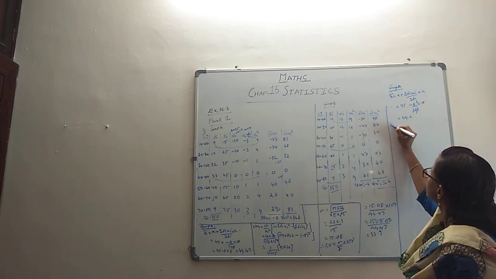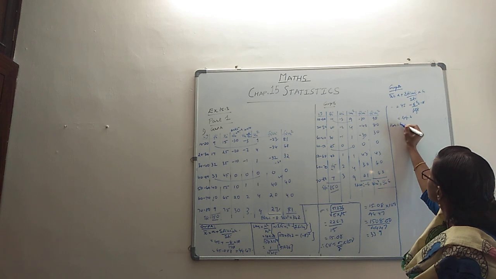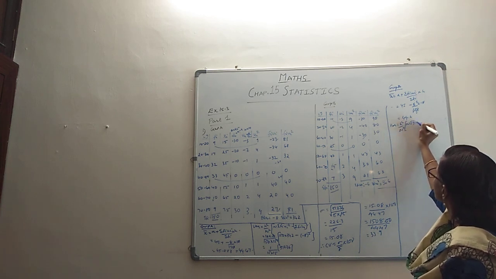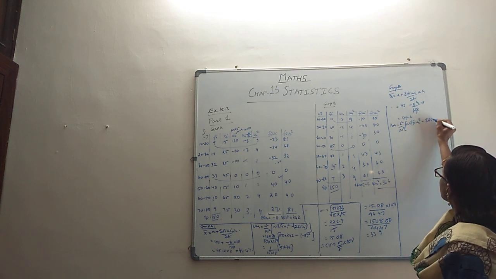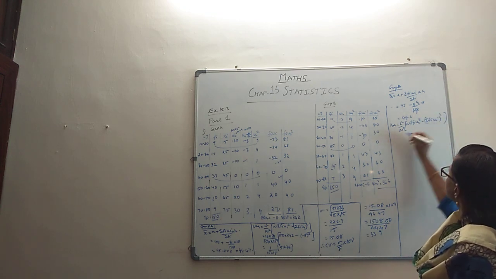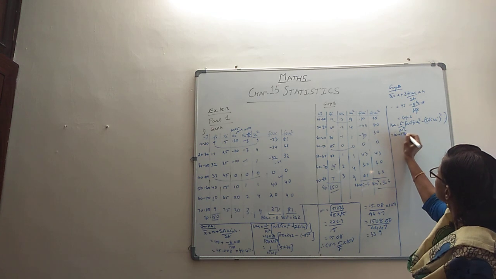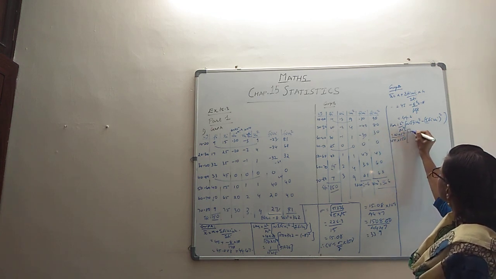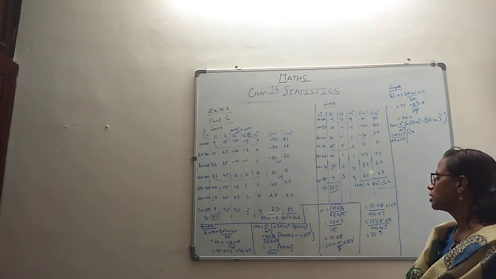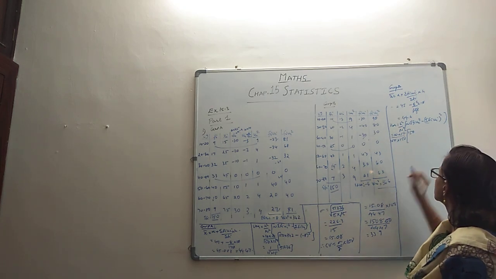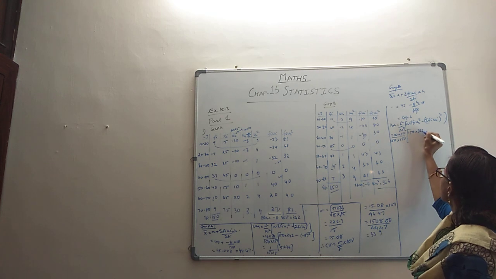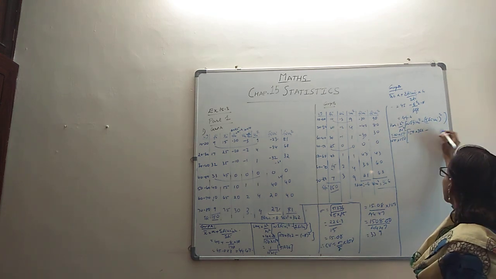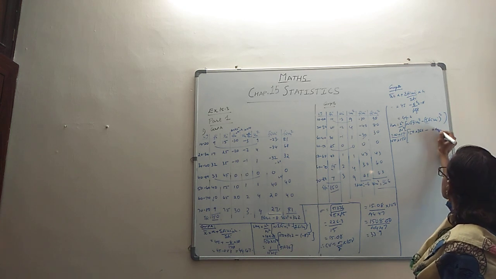Then the variance, sigma squared equals h squared by n squared times n times summation Fiui squared minus summation Fiui the whole squared. Let's check this. It is 10 into 10, 150 into 150, 150 into summation Fiui squared, which for us is 366, minus summation Fiui squared, which is 6 here.